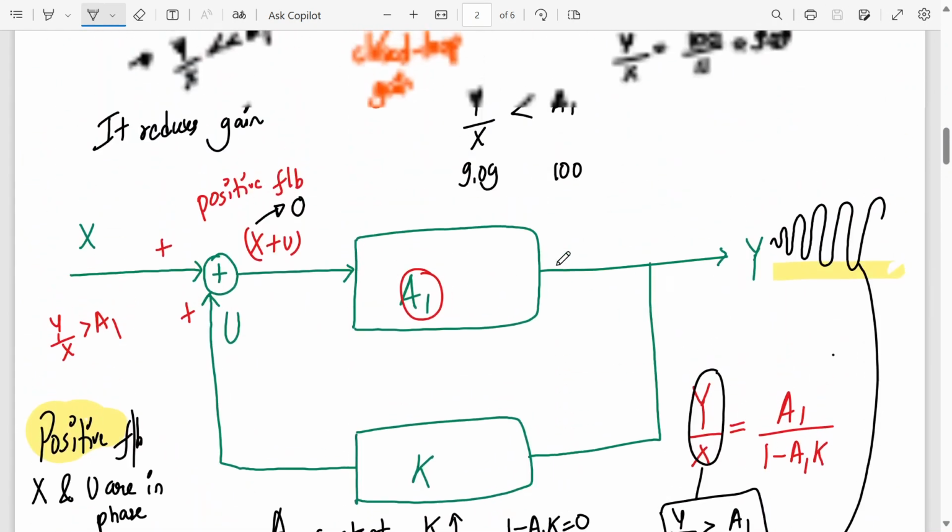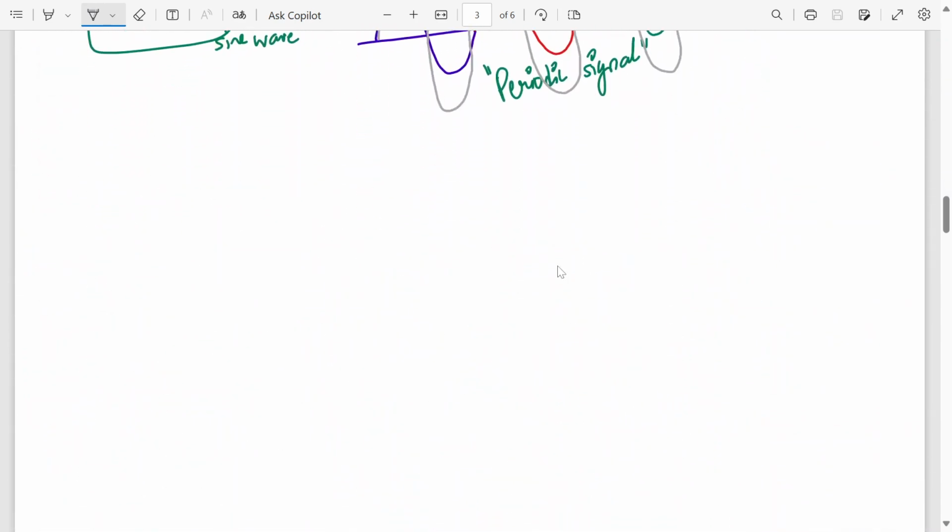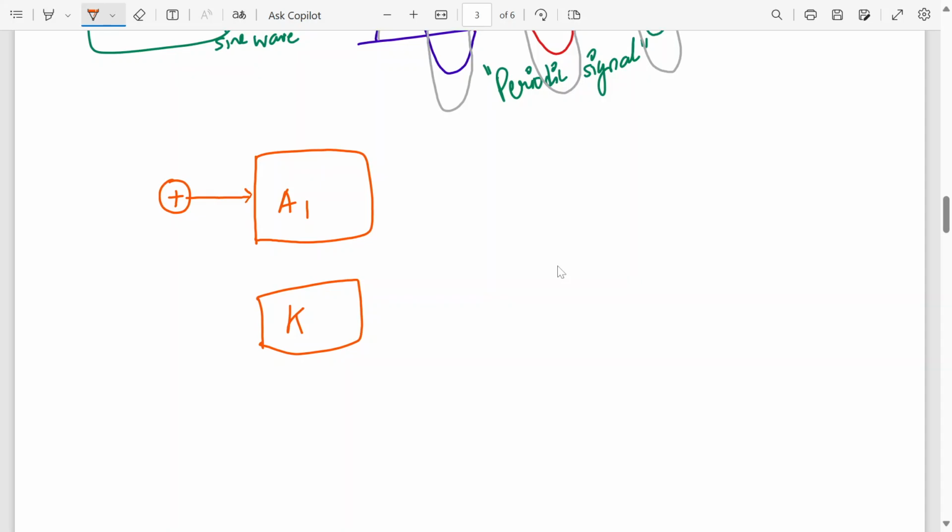Okay. Now let me revise negative feedback once, and then we'll go to the main topic because we are already short of time. So what happens in negative feedback? We have an amplifier with a gain A. Then we have a feedback network with a gain K. Here we have the summation block which will add two signals, X and U. This goes into the feedback network and the output is Y. Whenever X is plus and the feedback signal is minus, that means it's a negative feedback.